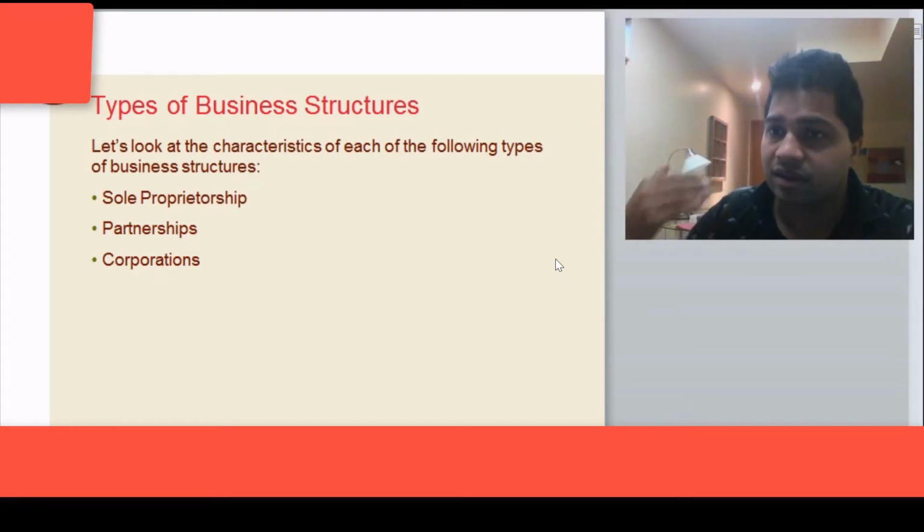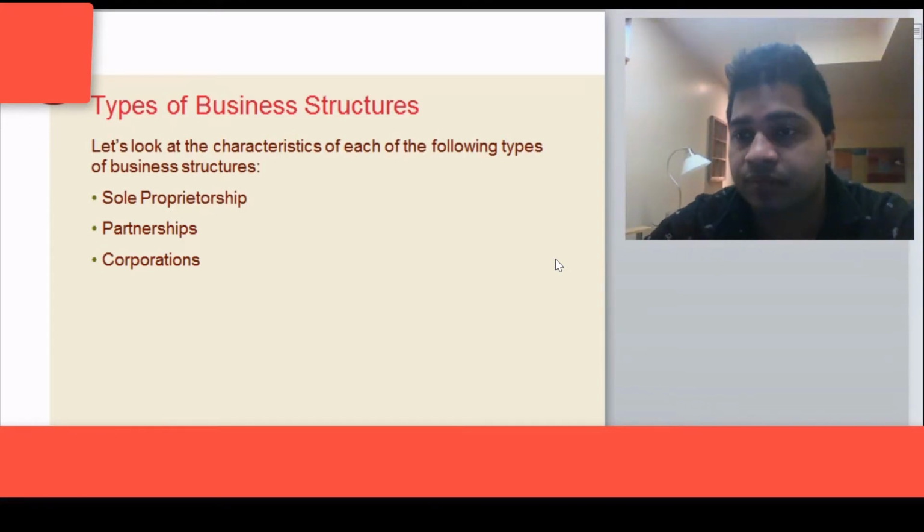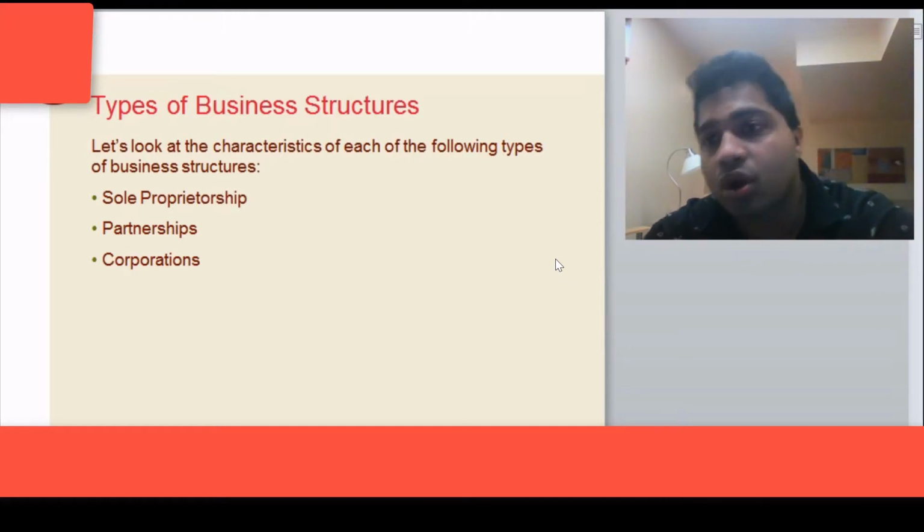They don't come in as a general partner. So they are only liable for the amount of investment they are making, 50,000, 100,000 that they are putting in. They are not liable beyond that. But the person who is running the business is the general partner, so he or she is liable beyond what they have invested.